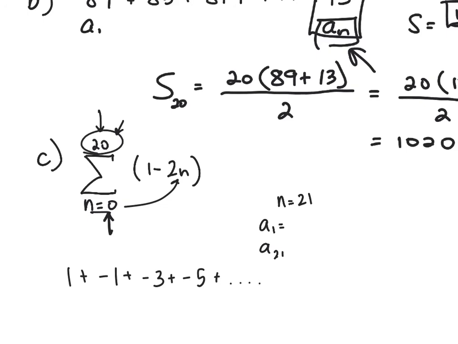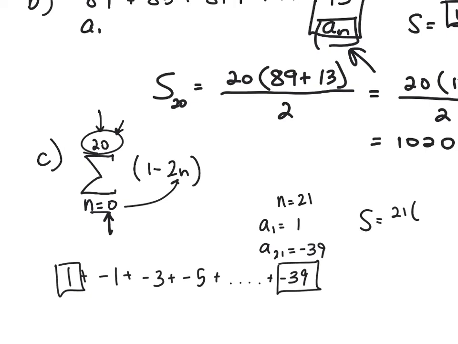Now we end with an n value of 20. So 1 minus 2 times 20 is negative 39. So this would be the first term. This would be the 21st term. So we can figure out the sum now. We're adding 21 terms.